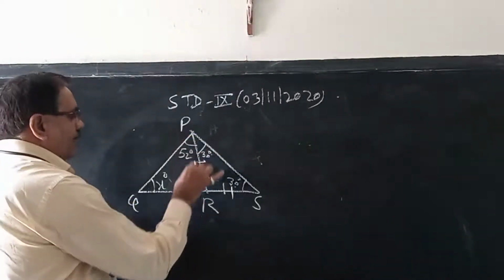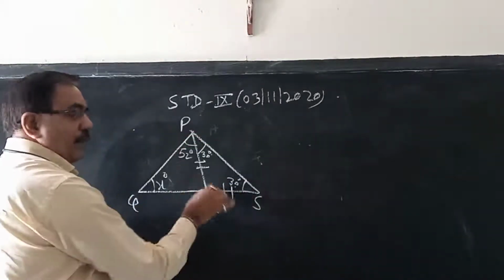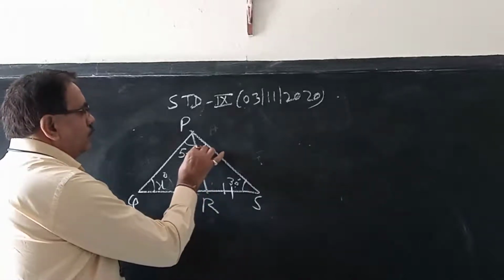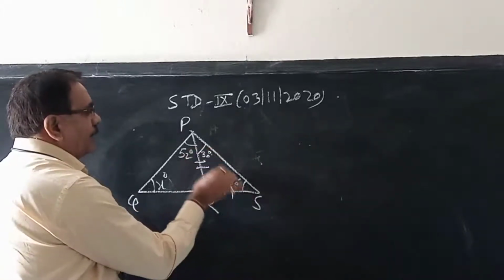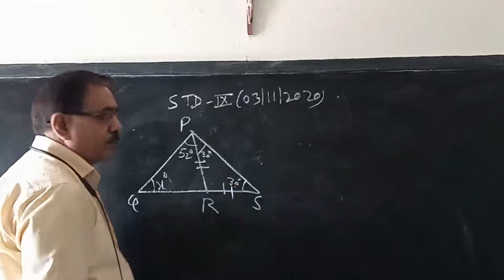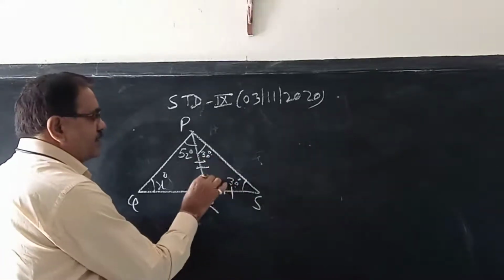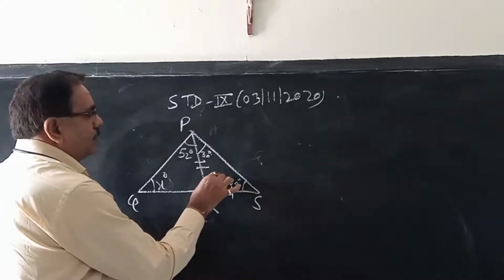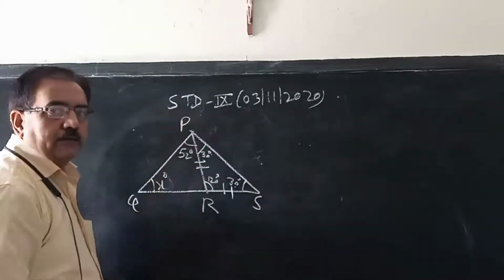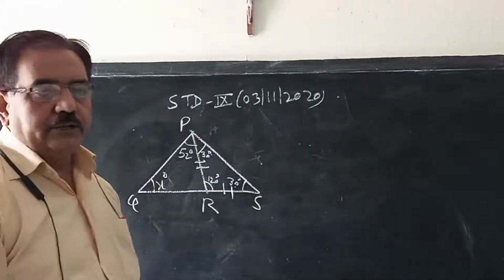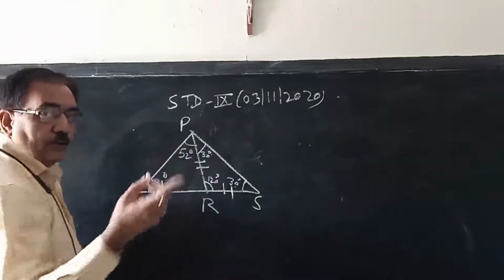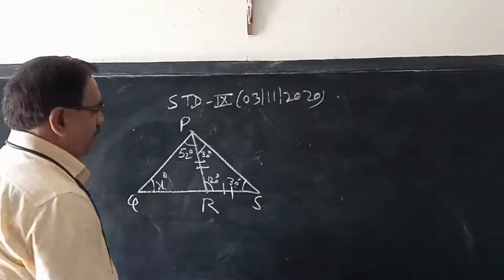Now, come to this triangle PRS. So, two angles are 30 and 30, which is 60. What is the value of the third angle? The sum of all angles of a triangle is 180, so the third angle is 120. Now, use the exterior angle property.